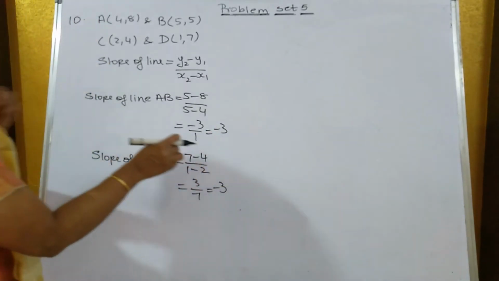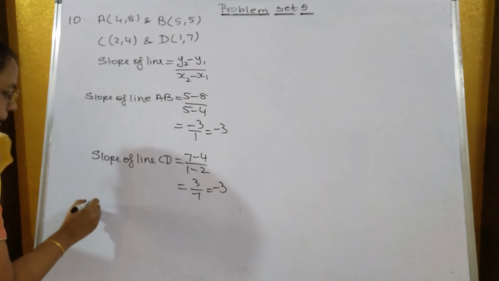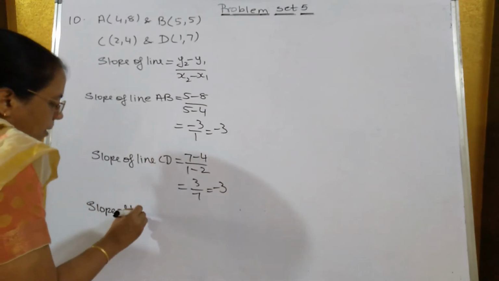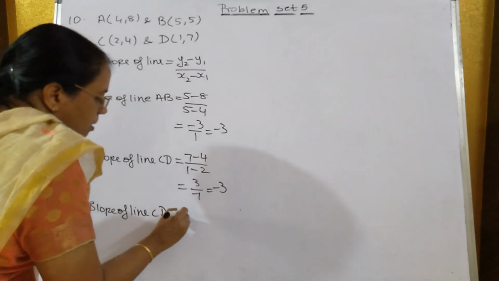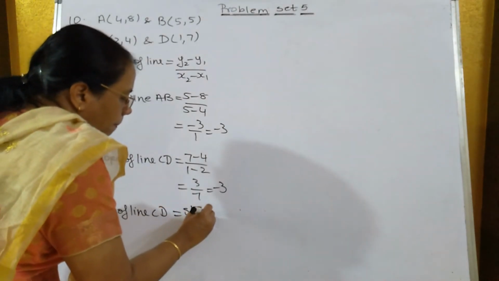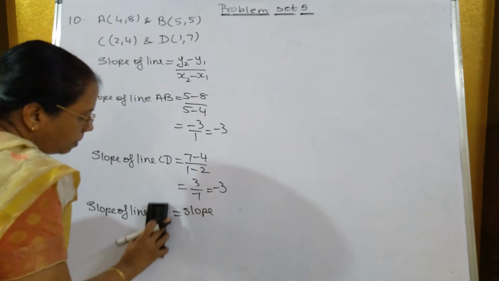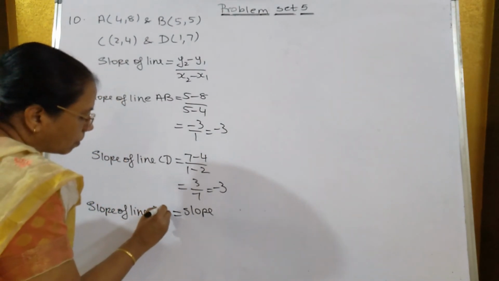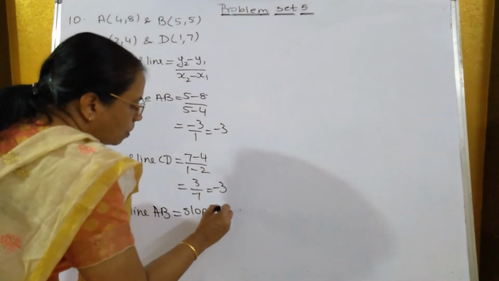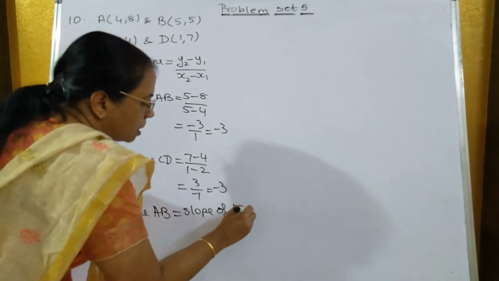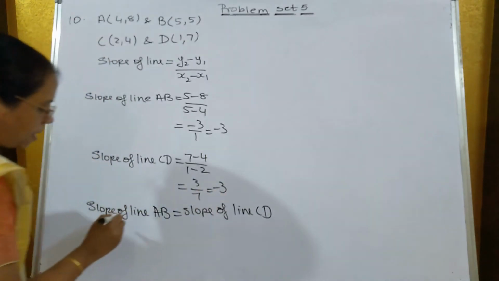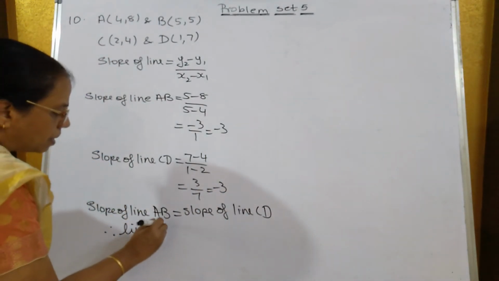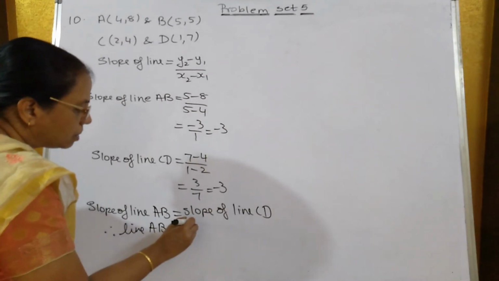Since both are equal, slope of line AB is equal to slope of line CD. Therefore line AB is parallel to line CD.